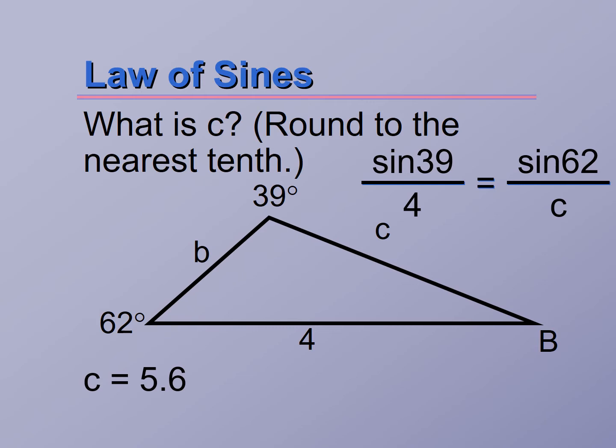So we'll get C times sine 39 is equal to 4 times sine 62, which means that C is equal to 4 times sine 62 divided by sine 39. And that's how we get our answer of 5.6 if we round to the nearest tenth.